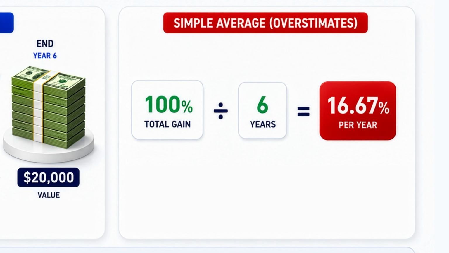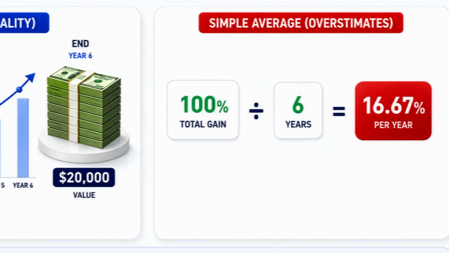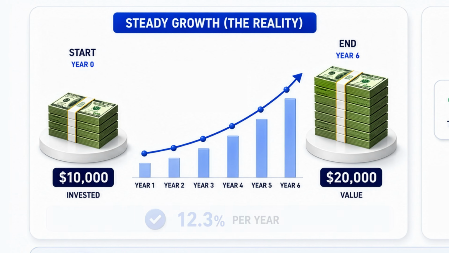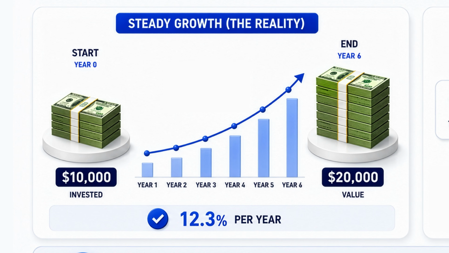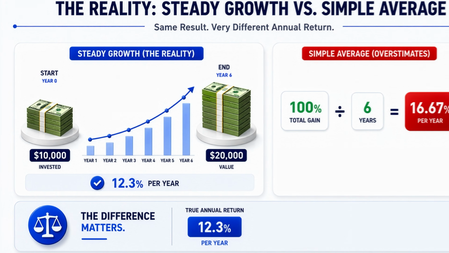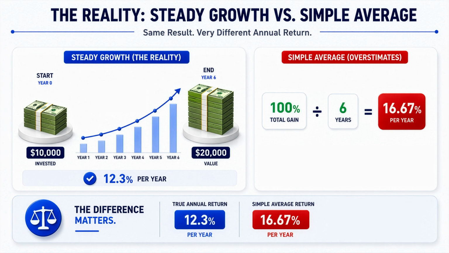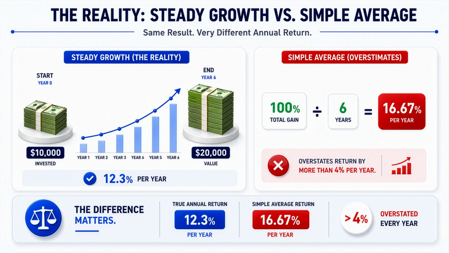In reality, if an investment grew at a steady rate of 12.3% per year, it would double in 6 years. So just dividing the total gain by the number of years overestimates the return by more than 4% in this example. And that's a huge difference. And that's only the beginning.